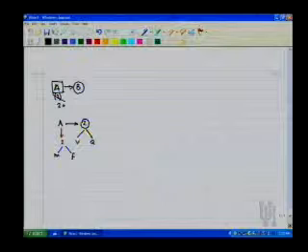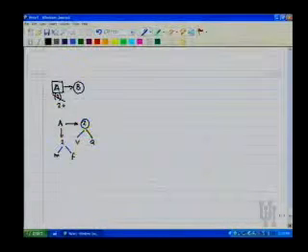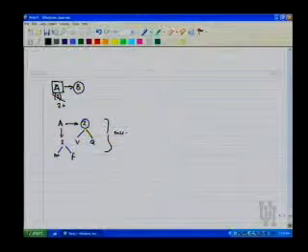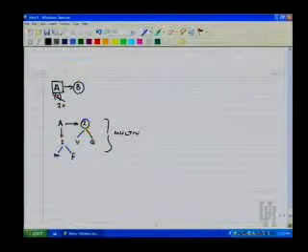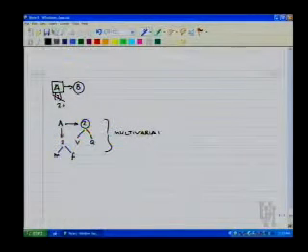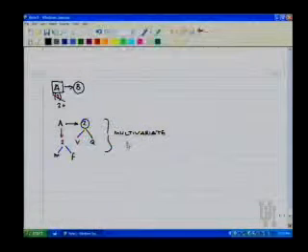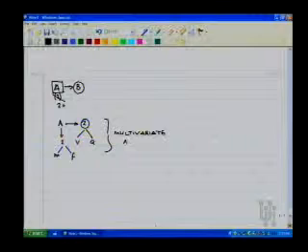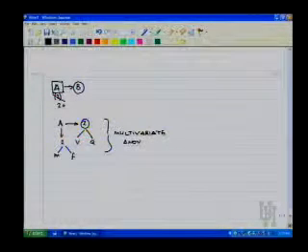When you have more than one dependent variable, you are into something called multivariate analysis. And this would be multivariate analysis of variance, that is, multivariate ANOVA.